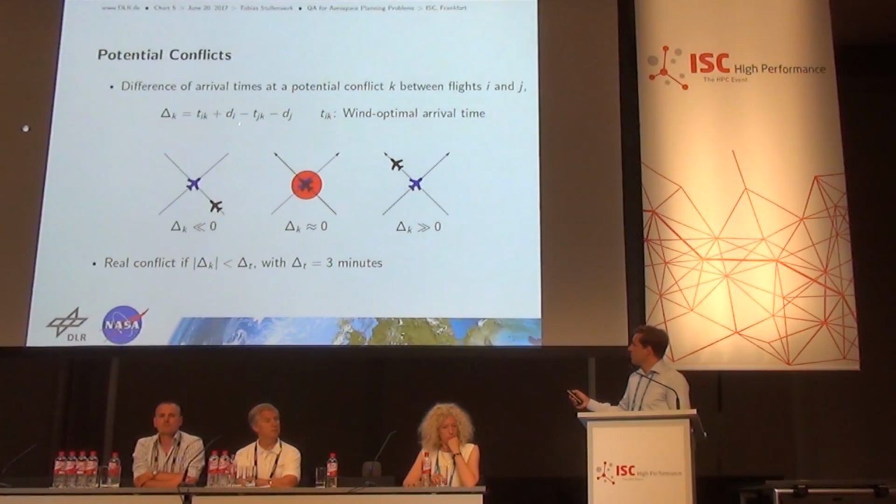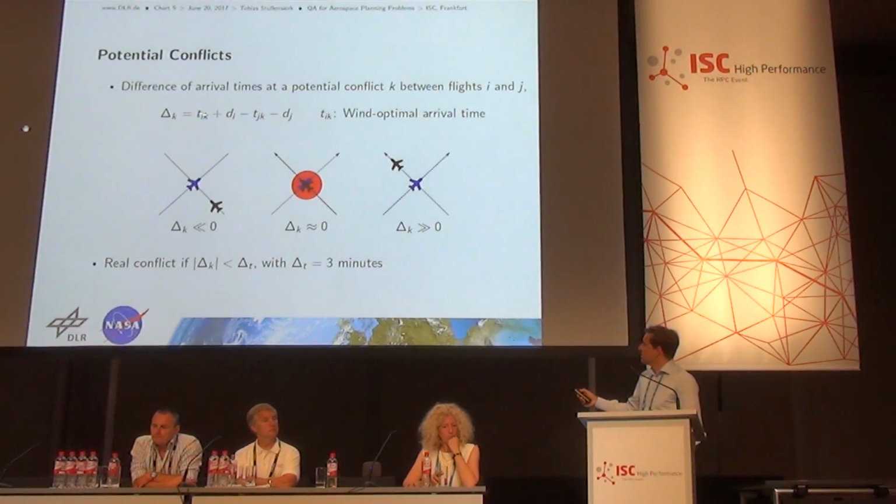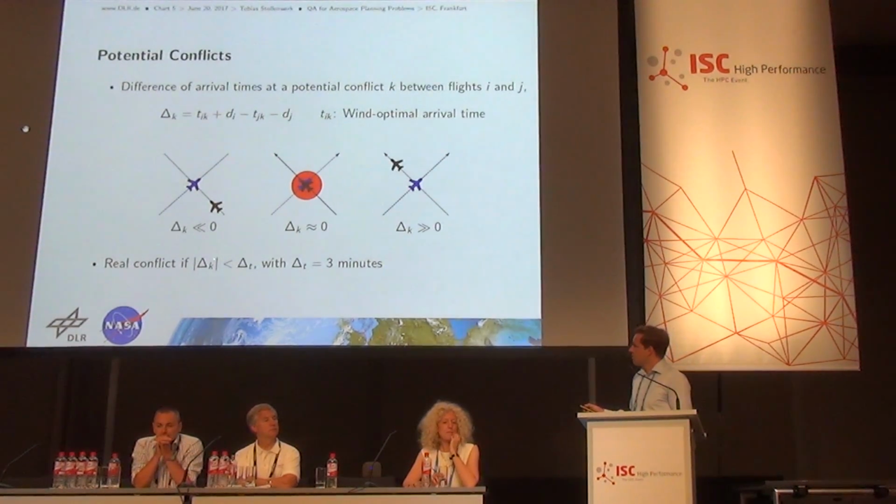Of course, it depends on the delays of both flights, and t_ik is the arrival time at the conflict in the wind optimal case. If this difference in the arrival time is very large, then there is no conflict. But if it's close to 0, there will be a conflict. So we say the conflict is a real conflict if this difference in the arrival time is smaller than 3 minutes.